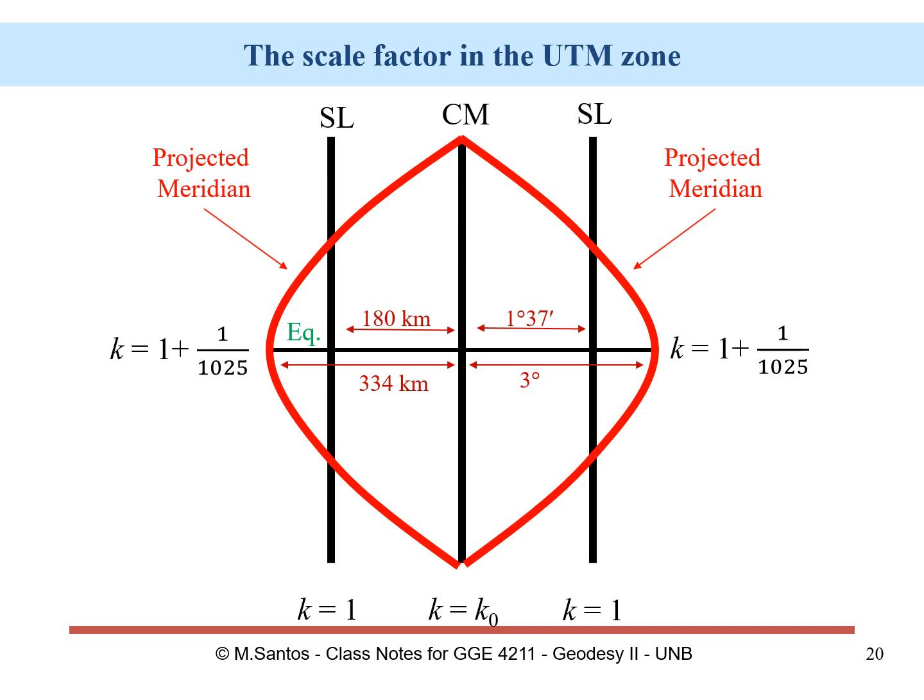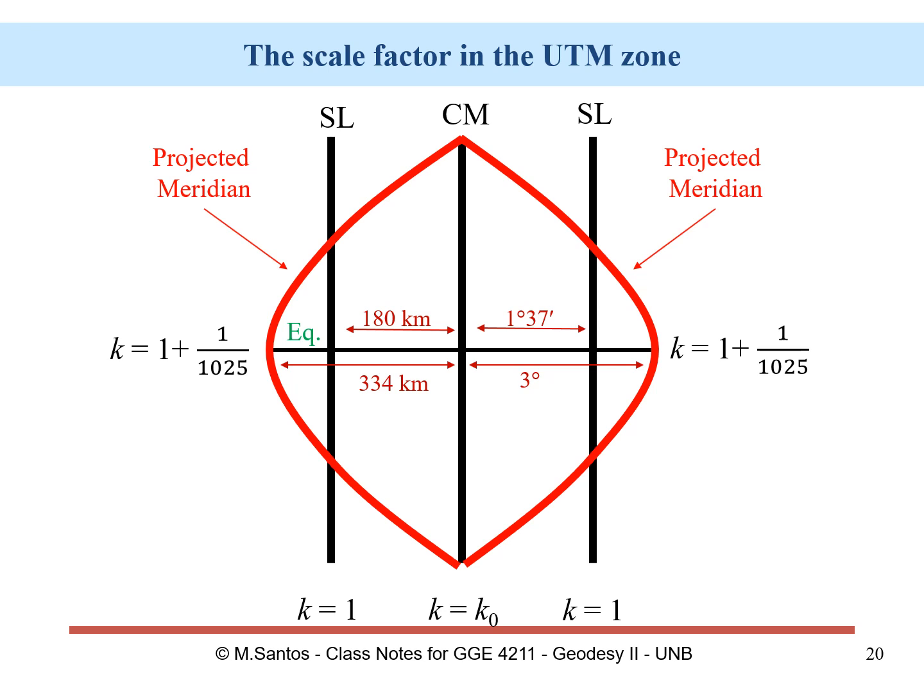Here we have the distances and the angles. In terms of distance, the distance between the central meridian and the second lines equals 180 kilometers. It's a constant value, or 1 degree and 37 minutes.